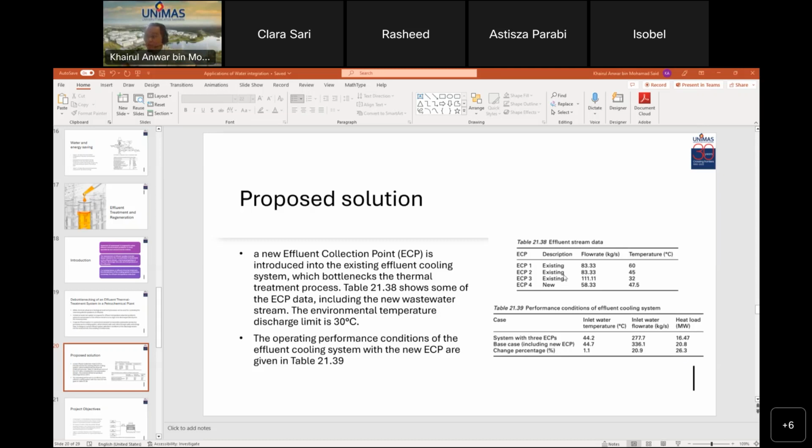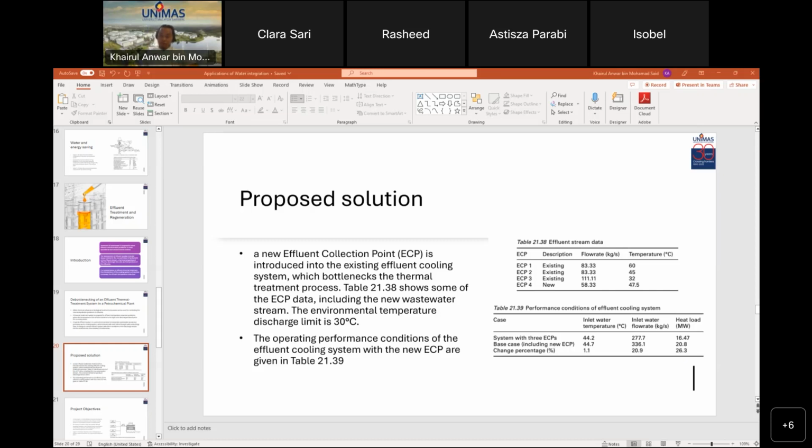As shown in table 21.39, the discharge effluent temperature is hotter than the desired environmental temperature limit, which is 30 degrees C. This means additional cooling equipment needs to be installed to cool the effluent to meet the environmental criteria.